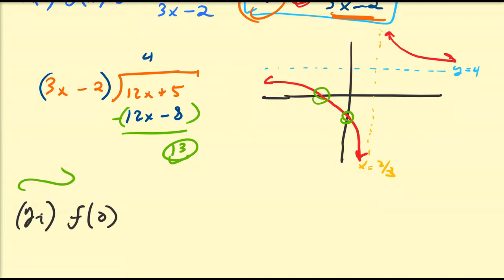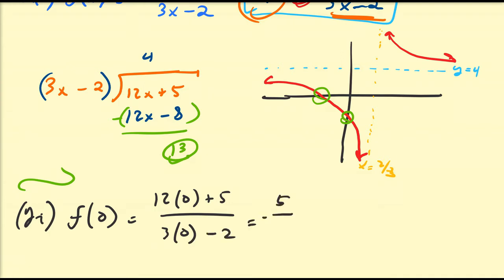So I'm going to plug this into our original function: 12 times 0 plus 5, all divided by 3 times 0 minus 2. That's just going to be equal to negative 5 halves, which is negative 2.5. So this point corresponds to 0 comma negative 5 halves, and that's going to be our y-intercept.